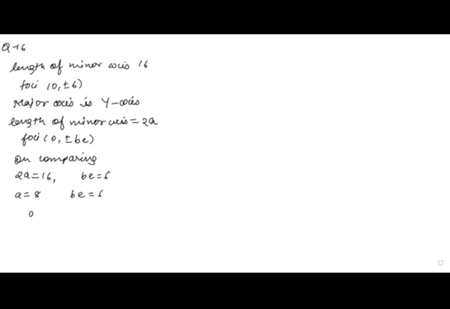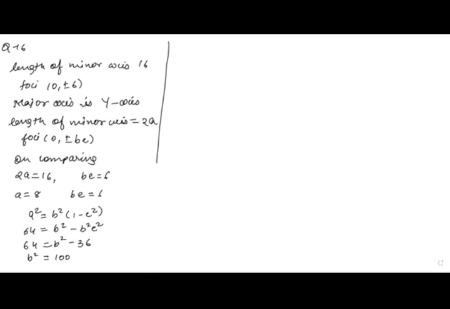Now here I can apply a square is equal to b square 1 minus e square, as my major axis is y-axis. So this is 64 equals b square minus b square e square. I have the value of be. The squaring will give me, so b square is 100.